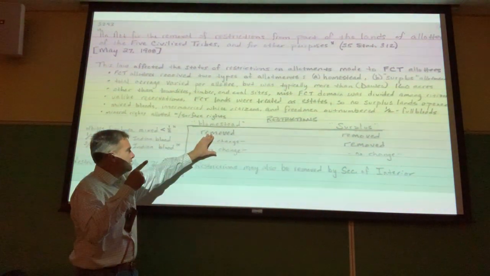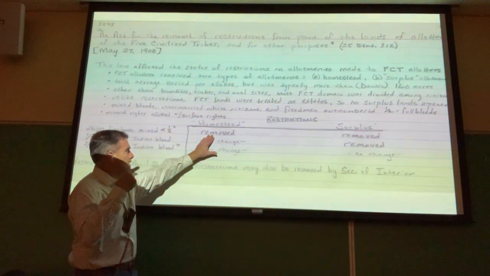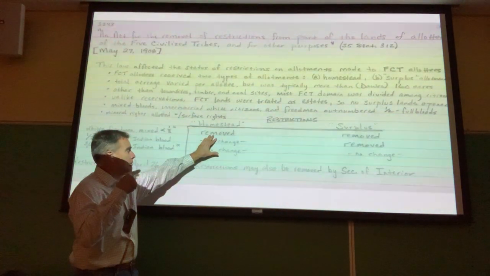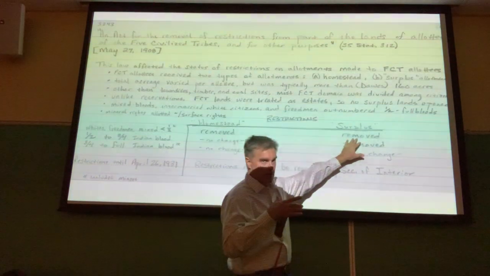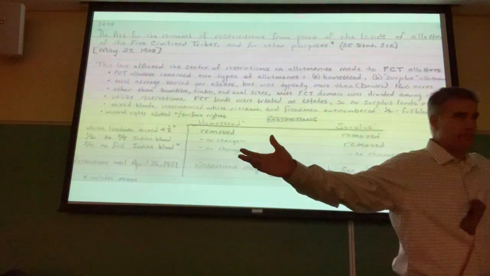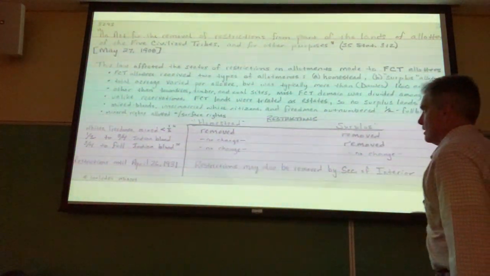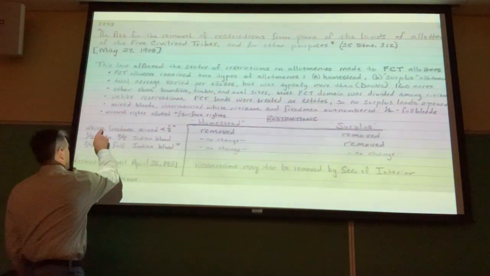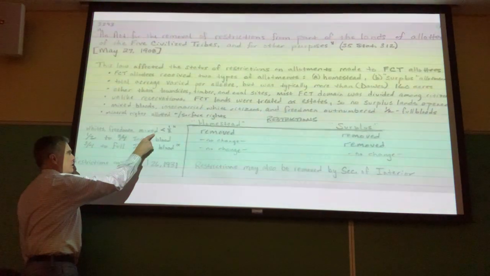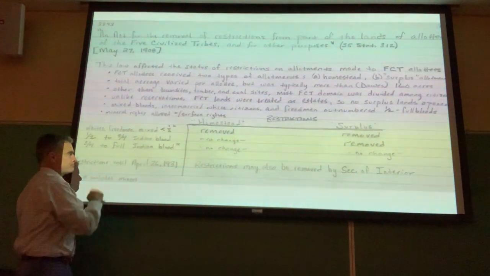Then the Burke Act would allow me to remove the strict restrictions on my homestead and my surplus allotment, so I could sell them. Okay, so this is specific to people who are intermarried whites, freedmen, or less than 1/2 blood quantum.